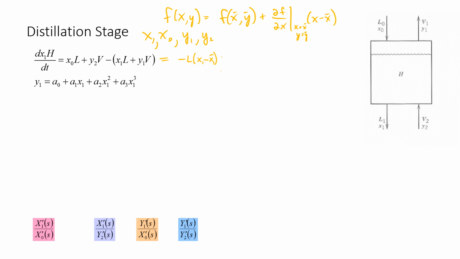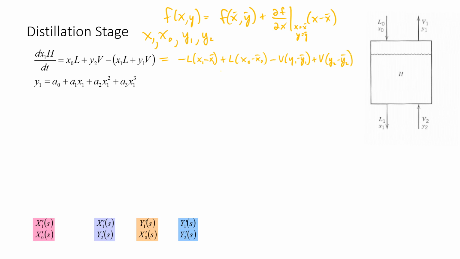And then x0: that's going to be plus L times x0 minus x0 bar. And y1: that's going to be minus V times y1 minus y1 bar. And finally, we'll do y2 as well, so that's plus V times y2 minus y2 bar.